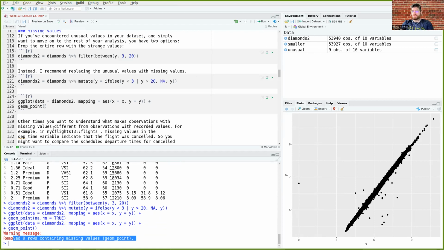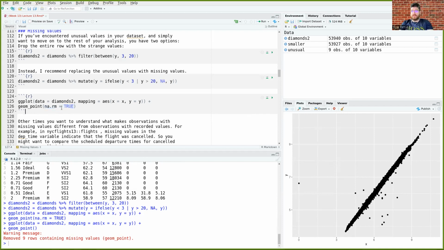If we haven't specified this, it won't plot. RStudio cannot plot missing values. So it will produce the same kind of plot as the original one with them removed, and it removes them silently. It provides just a warning message. A warning message is not an error. It's okay to have this warning message.